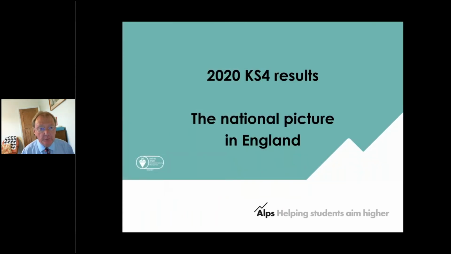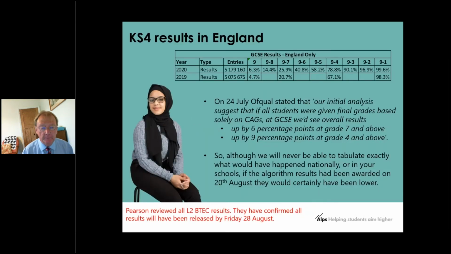So without any further ado, let's have a quick look at the national picture in terms of Key Stage 4 results in 2020. Well, we all know what happened the previous week.